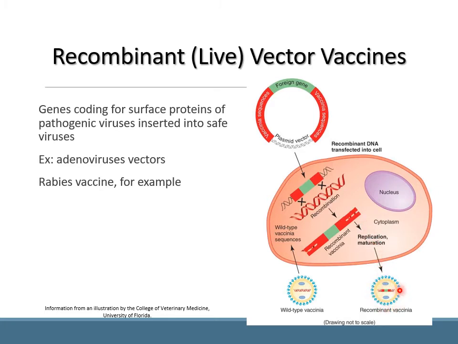So we get viruses that now contain that recombinant gene that will express proteins that will stimulate an immune response against the virus of interest. An example is a rabies vaccine. There's a rabies vaccine that has been developed this way. I believe it's used for veterinary use.